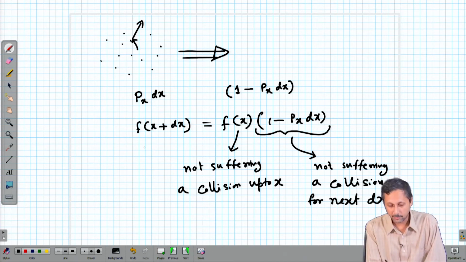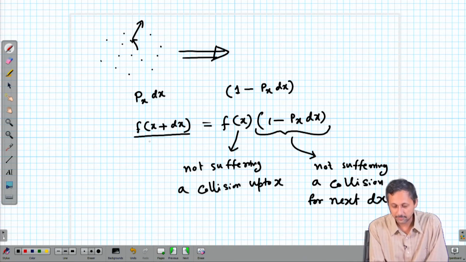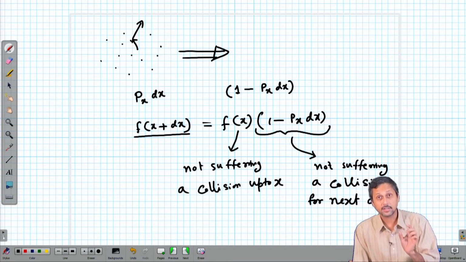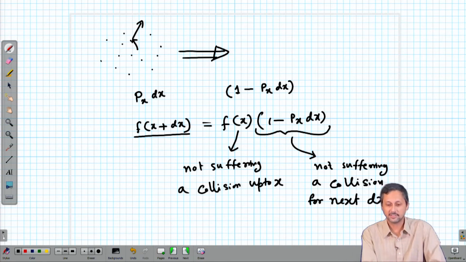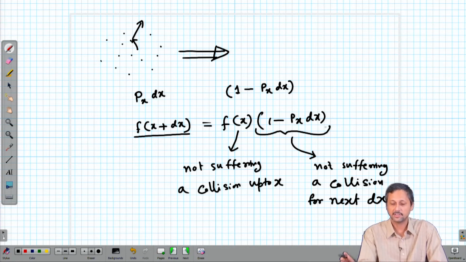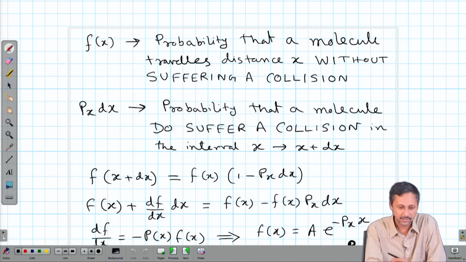Okay. So, the probability f x plus dx, of not suffering a collision up to a distance x plus dx, is the product of f x and 1 minus p x dx, right. So, this is exactly what we have done here.